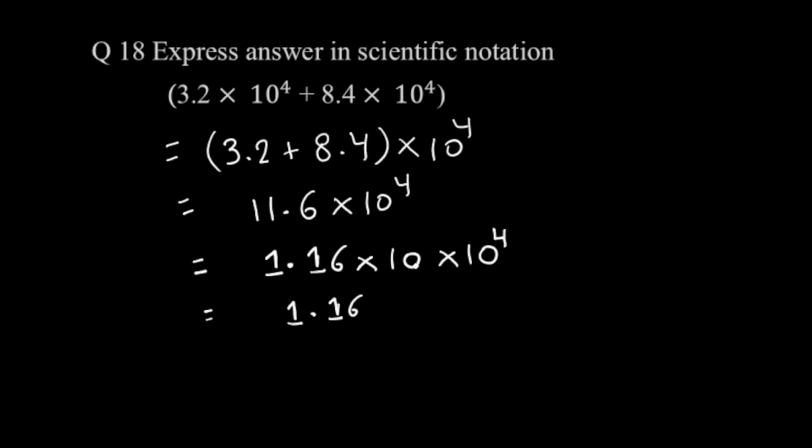If we multiply powers of the same base, the powers are added. That means 10 to the power 1 plus 4, which gives 1.16 multiply 10 to the power 5. Now move to the next question.